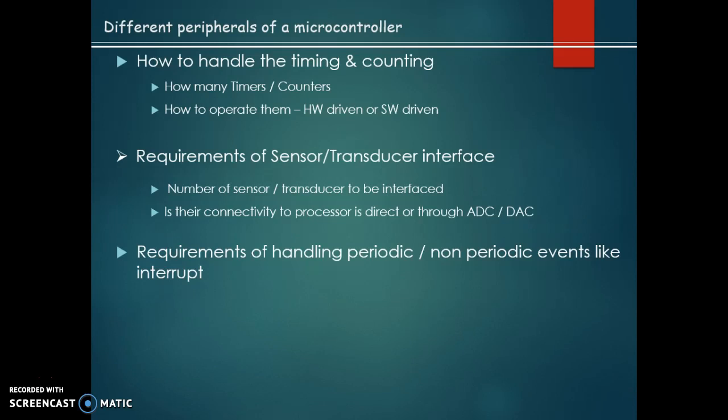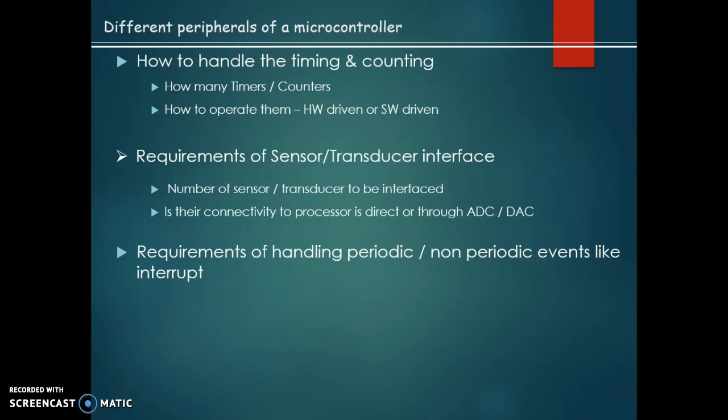Then something comes, called handling the non-periodic events. Suppose your microcontroller is busy processing some data. At that time, you have a very urgent requirement to sound a buzzer. Then what you have to do? You have to interrupt the ongoing process and ask the microcontroller to execute a different job. Means what?